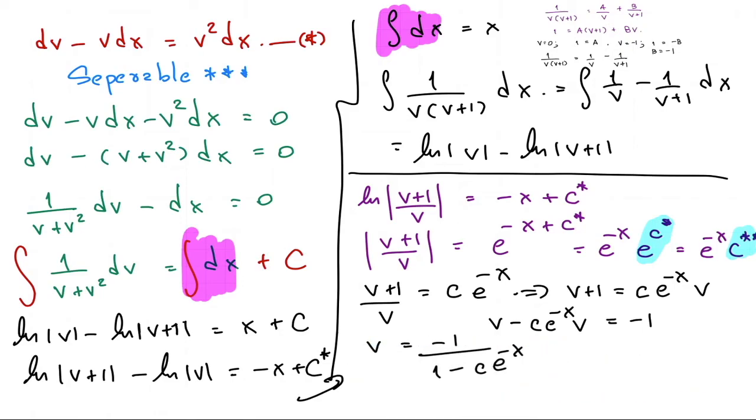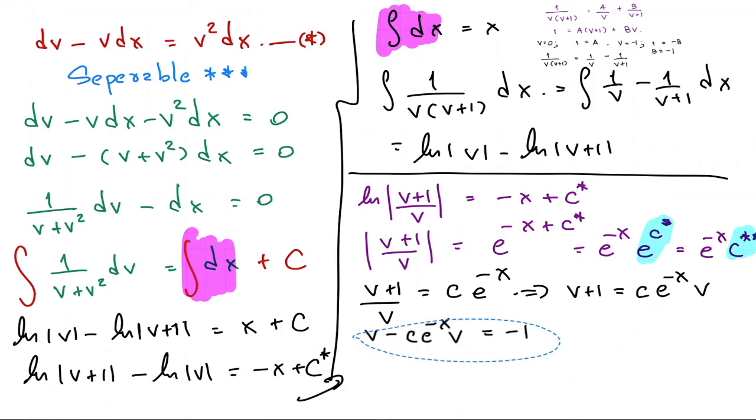Guys, do you know how it goes from here to here? I just pull v out. Let me write that down, just in case some of you are confused. From here, I pull v out, so I get v times 1 minus c e to the minus x equals minus 1.